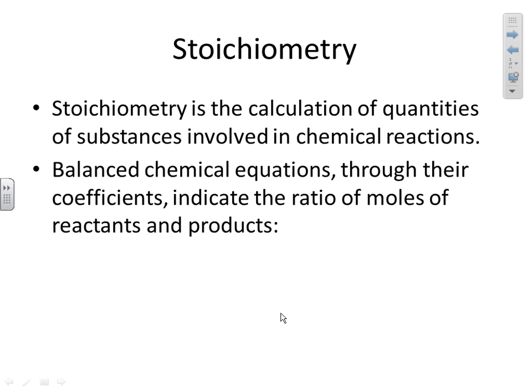Make sure that we have the same amount of mass at the beginning as we do at the end. It also indicates a ratio of reactants to products. And we will use that ratio to figure out how much of something we start with versus how much something we end with. Good there?